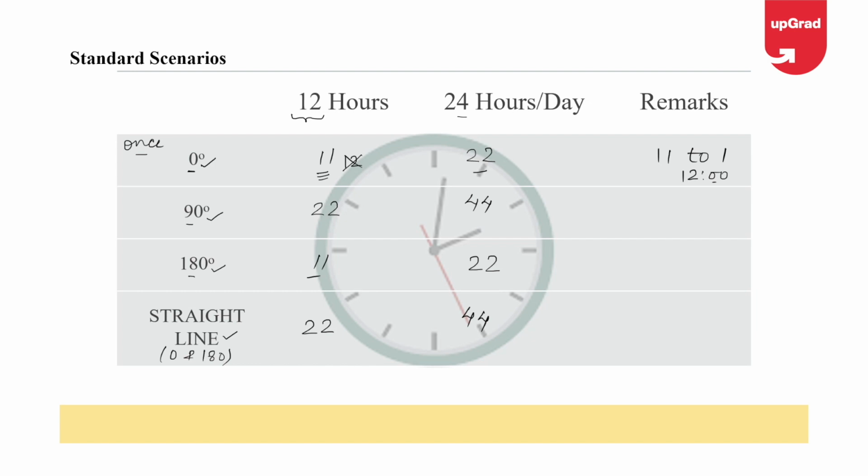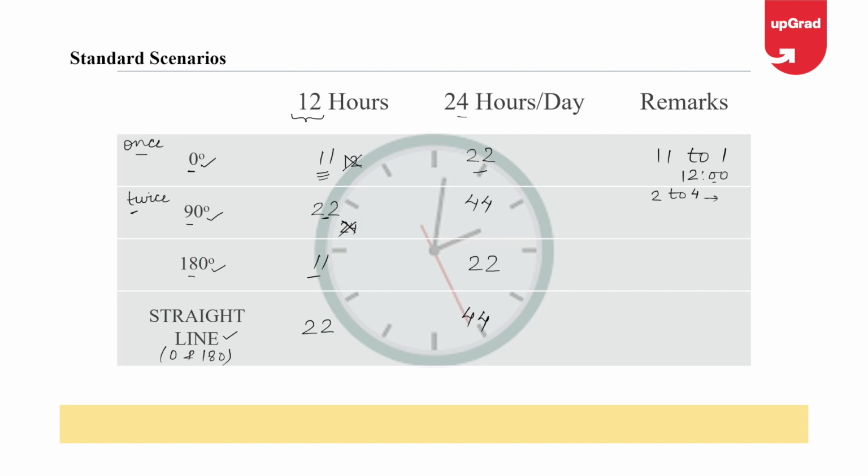You can check this by rotating the needles of your clock. Let's talk about 90 degrees now. If you check between two consecutive hours, 90 degree happens twice, which means in 12 hours, it should be 12 multiplied by 2, and therefore I should get 24. But it is not 24, it is 22. Let me tell you the exceptions. Between 2 to 4, ideally it should have happened 4 times because it is happening twice every hour, but it will happen only 3 times.